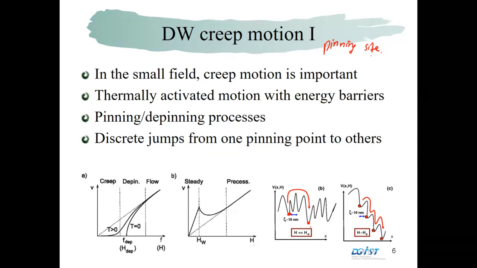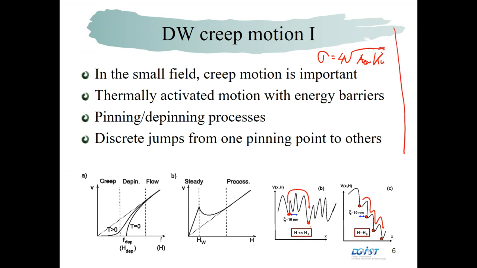For example, this is the domain wall width, and the domain wall energy is like this. So if we have a domain wall here, this boundary, for example, we have an up domain and a down domain with a domain wall between them. Then this wall has this surface energy.